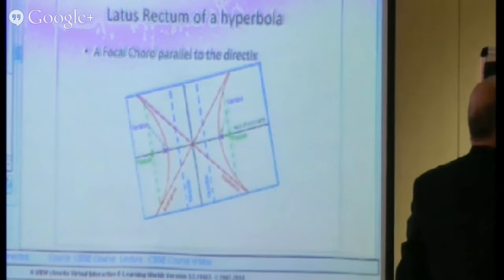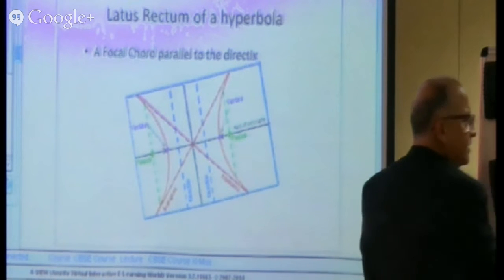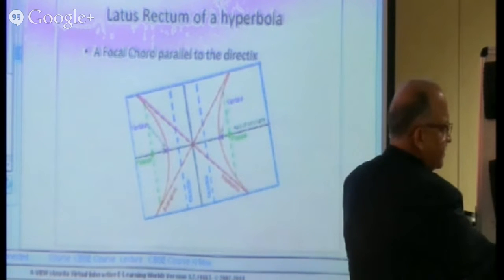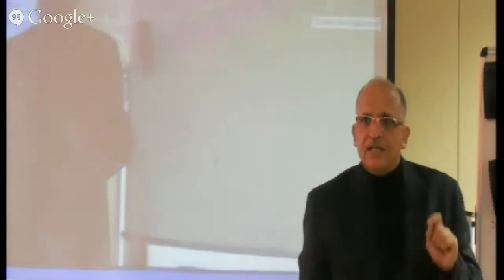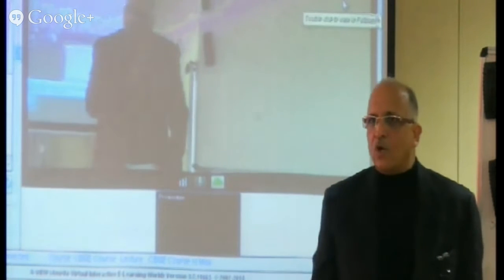Suppose this is a circle, I take a point here, I take a point here, this is a chord. Whatever curve you take, suppose ellipse, join. But some chords are always given special names. Like in a circle, a chord passing through the center is called the diameter. What is good about this? It is the largest chord you can draw in a circle.